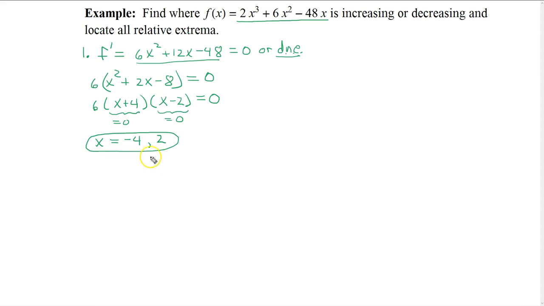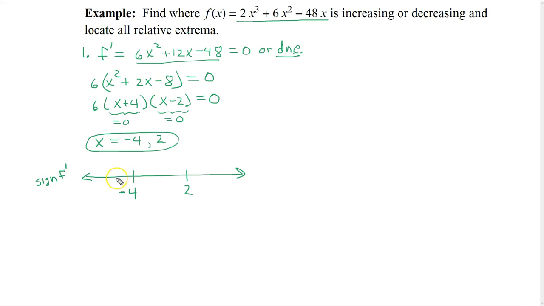So now we're going to use the sign pattern technique to determine where our function is increasing or decreasing. So we're going to set it up like this. We set up our number line, we put our critical numbers on it, -4 and 2, and this is going to represent the sign of our derivative.